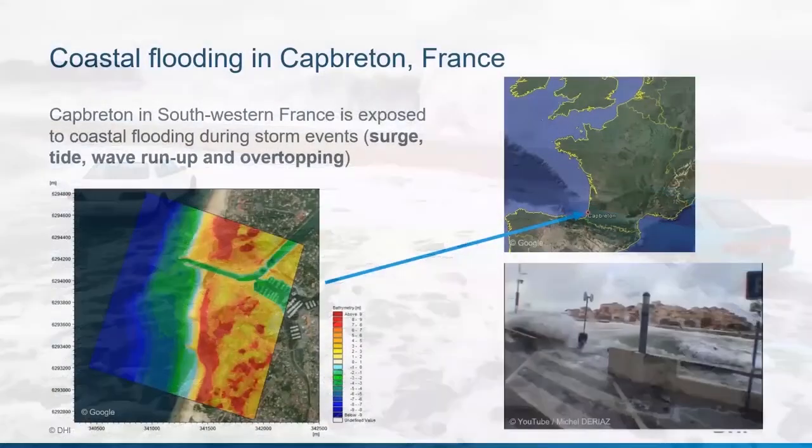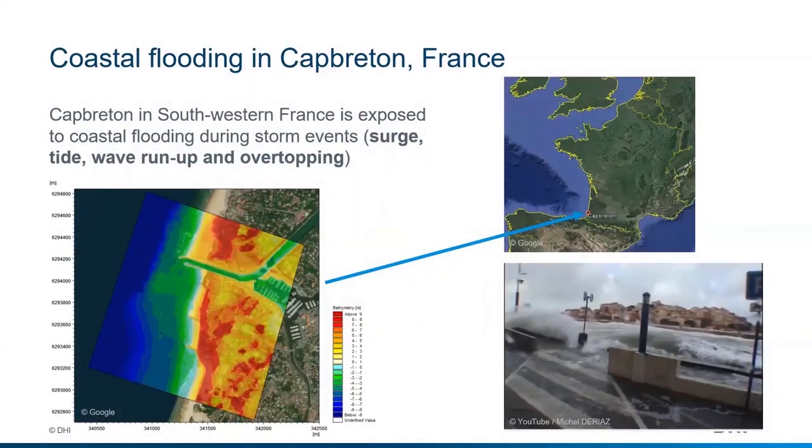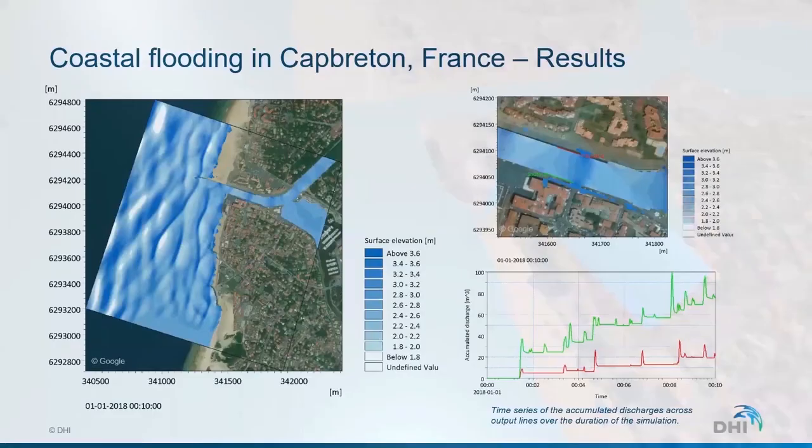So let's look into another coastal flooding study in France. That is in Capbreton, in southwestern France. This location is exposed to storm events. There have been some reported storm surges and overtopping cases in this channel that we are looking into, with the bathymetry on our left. What MIKE 21 Wave FM is capable of is overtopping happening parallel to vertical walls, something that the overtopping manual EurOtop actually can't really consider.